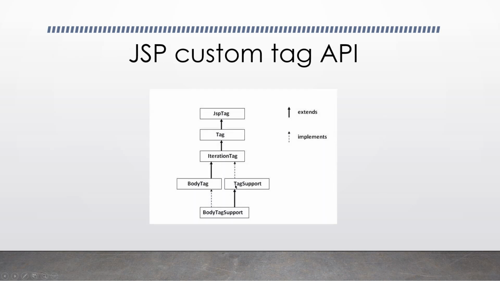And when we talk about the JSP custom tag, we have to talk about the custom tag API, which contains the structure of the classes as well as the interfaces that allow us to create those classes and work together. So first we have BodyTagSupport, IterationTag and Tag, the JSP tag classes. Those are the main classes that contain all the processes that we need to work with.